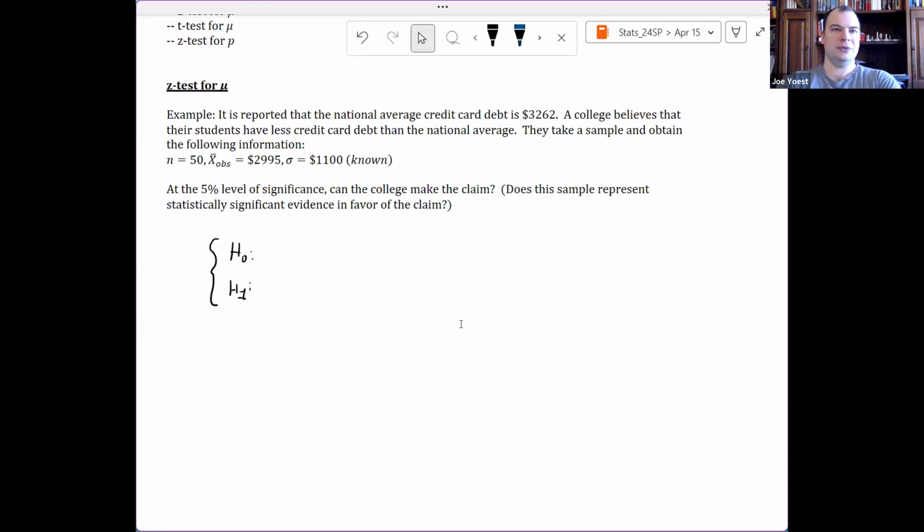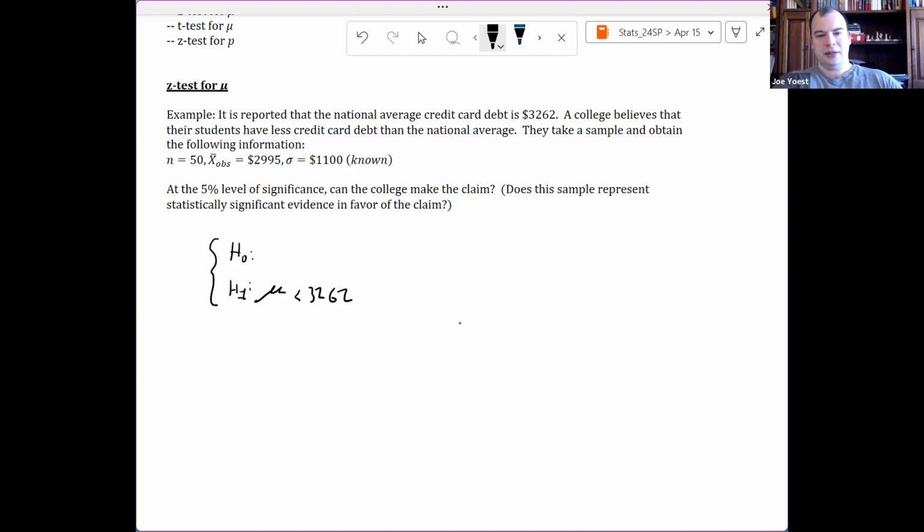And typically, we set as the alternative hypothesis the thing we're trying to prove, the thing we're trying to demonstrate. So here we're trying to make a claim about mu, our student body's true mean credit card debt. And I'm trying to argue that mu is less than 3262. That's the claim that I want to make. That's the claim that I'm collecting the sample in order to provide evidence in favor of.